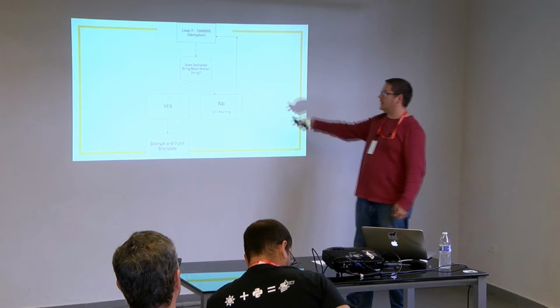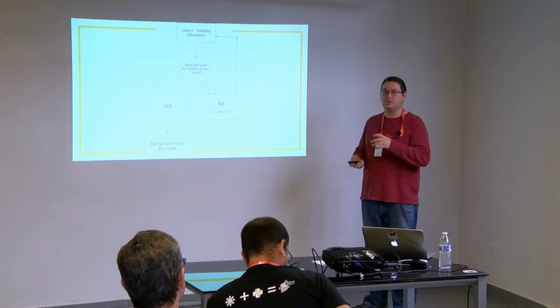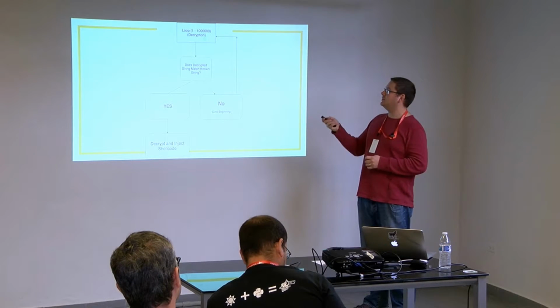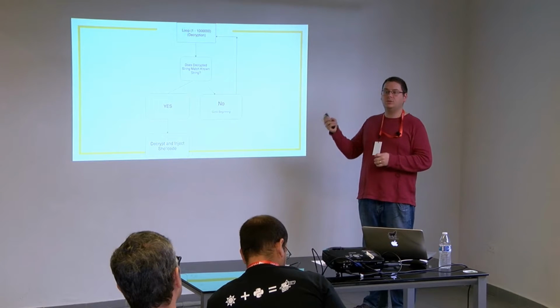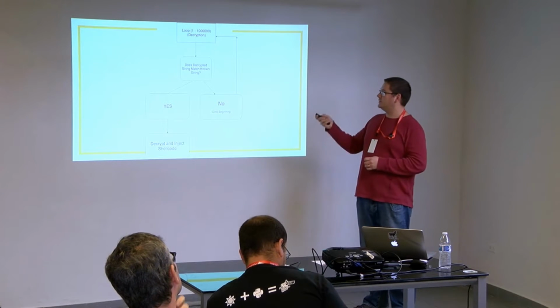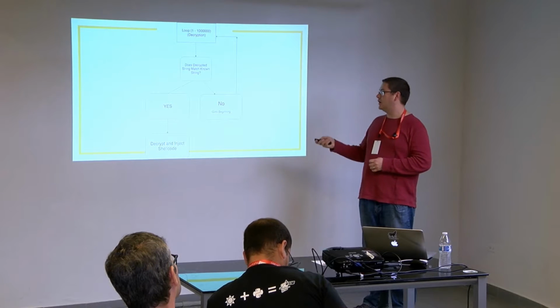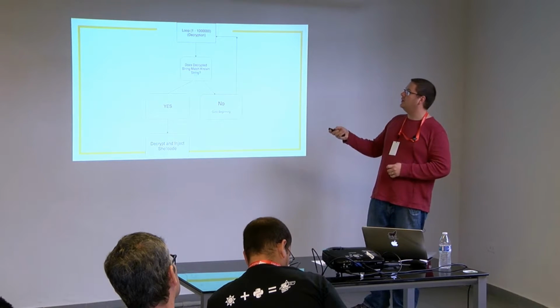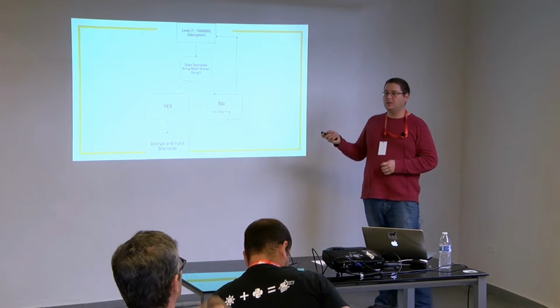Does that decrypt the shellcode and everything? If it doesn't, let's go back to the beginning and iterate to 100,001. Does that decrypt the shellcode and all the functions? No. Okay, let's go to 100,002. Eventually, we're going to find the right decryption key.